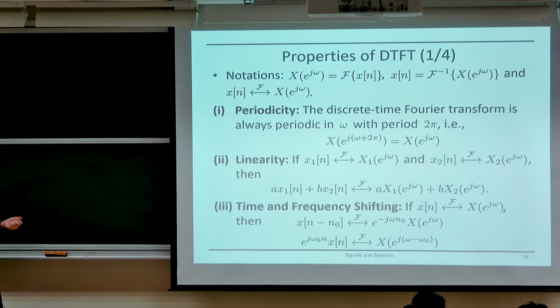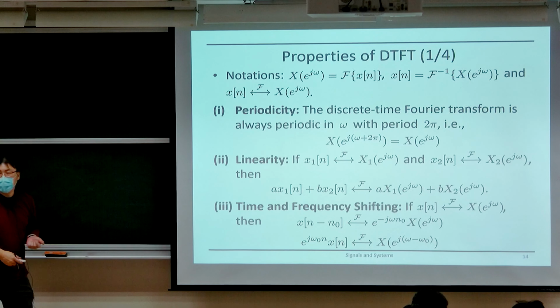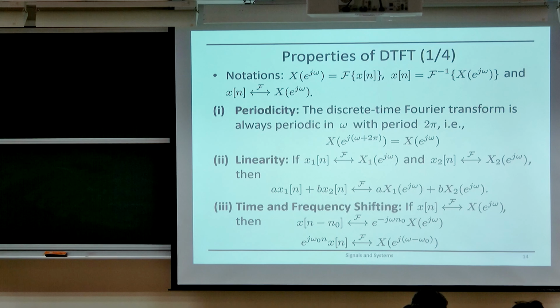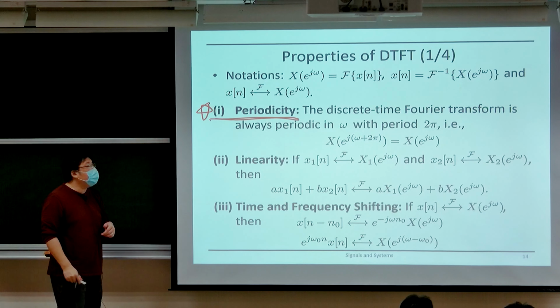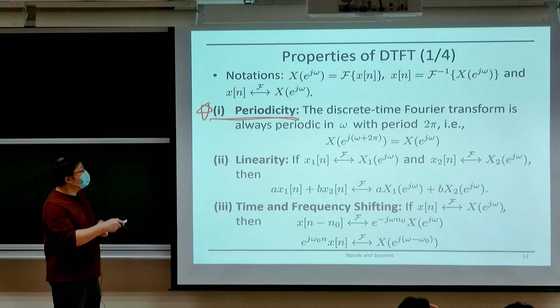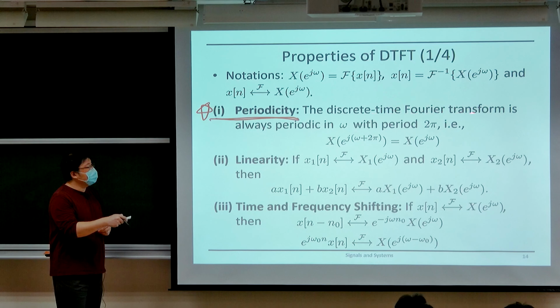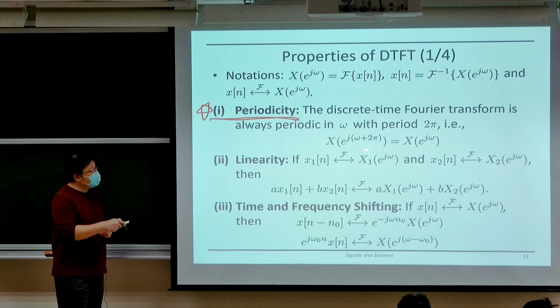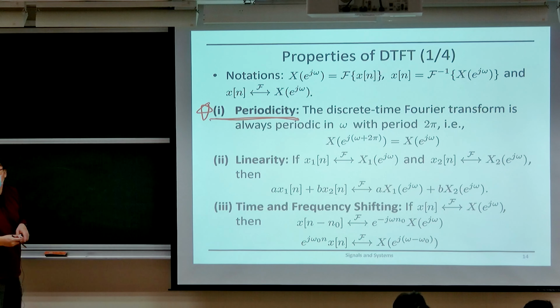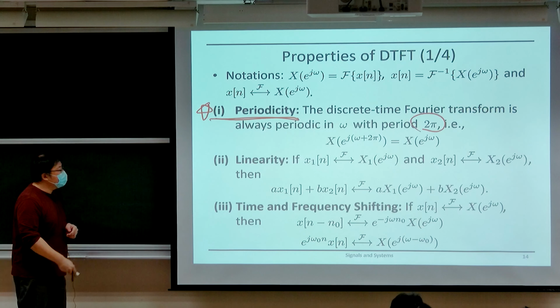Now, one thing that is special for discrete time Fourier transform is this periodicity. So this is something that the continuous time case does not have. We showed previously that for this discrete time Fourier transform, the spectrum must be periodic with period 2 pi. Linearity is straightforward.